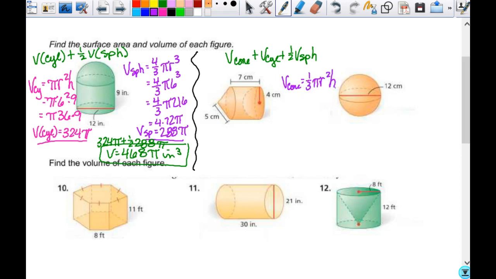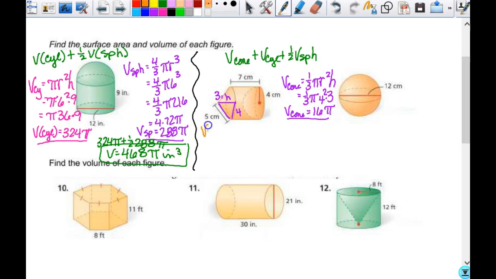Well, I don't have the height, but if I draw in the height, there's the height. The radius is 4. This is 5. This is a 3, 4, 5 triangle, so the height is 3. So I get 1/3 times pi times r, which is 4 squared, times the height, which is 3. So 3 over 3 is 1. So the volume of my cone is just 16 pi.